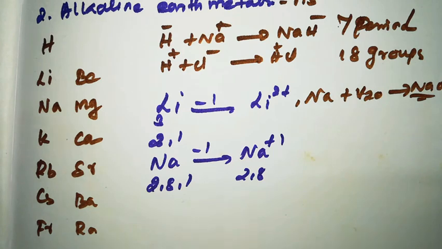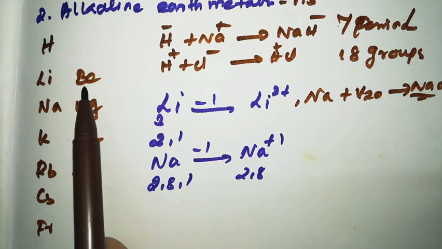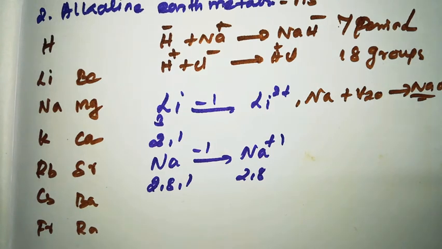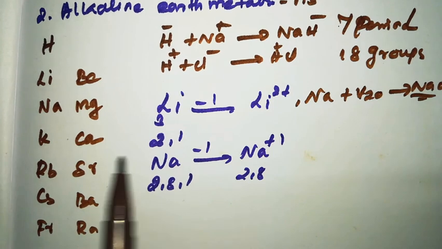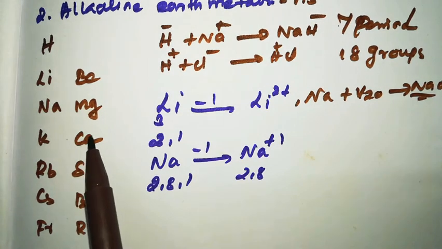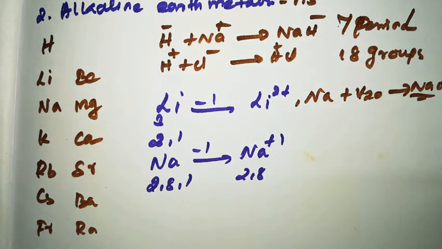Beryllium, an alkaline earth metal, is divalent because its valence is 2, but the alkali metal valence is 1, because only one electron is lost from the valence shell. In alkaline earth metals, 2 electrons are lost from the valence shell.